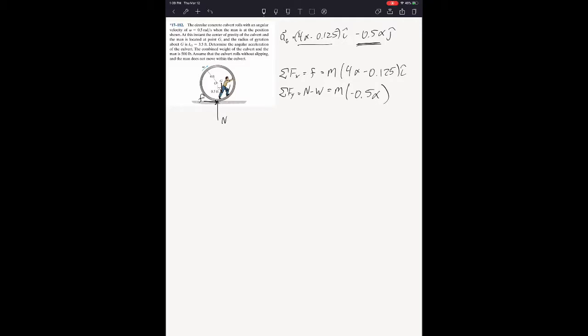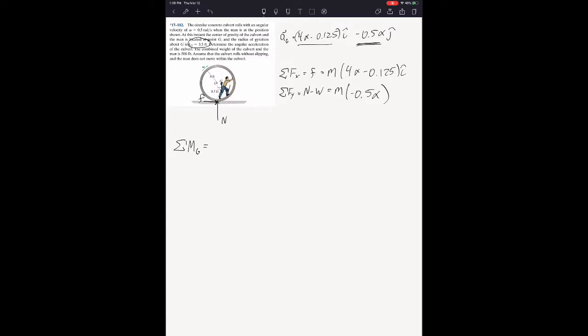I think the most convenient spot to sum the moments about is going to be the center of gravity, G, because we know the moment of inertia about G. So if I sum the moments about G, I'm actually going to leave myself more space, so let's move down here. First of all, let's think about the forces. What forces create a moment about G? Well, F does. 4 feet is the vertical distance.